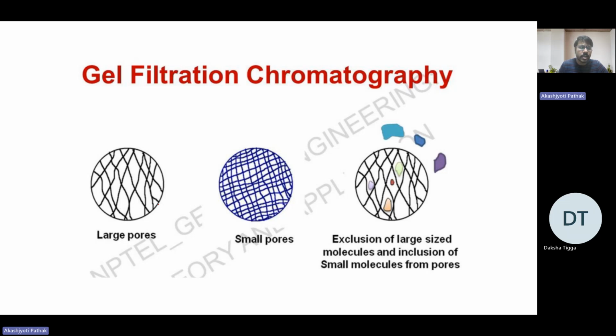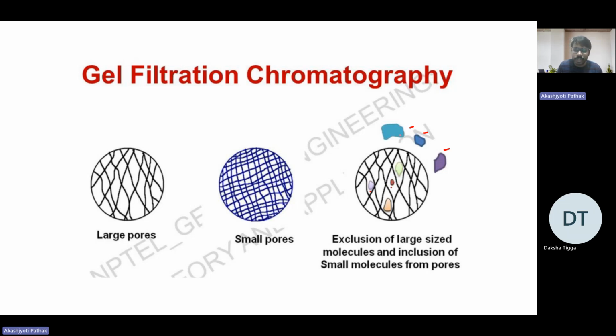You can have large pores and small pores, and there can be beads with pore sizes intermediate between the large and the small pores. You see in this figure that there are different types of molecules. These are the large molecules. Because they are very large, they are not able to enter these pores, while the ones of smaller size are able to enter inside the pore.